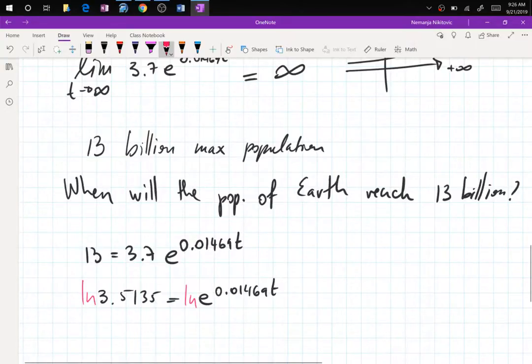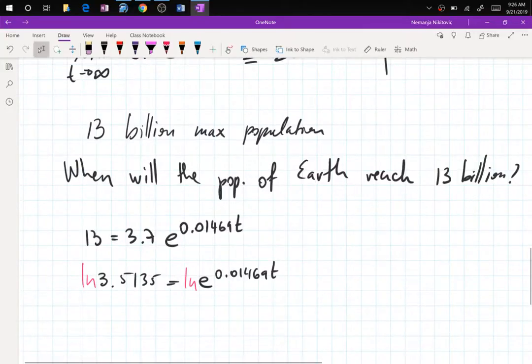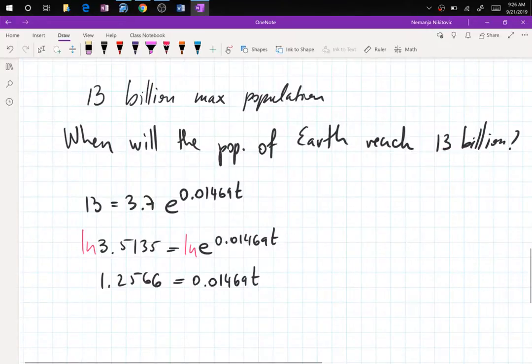Now we have ln of the answer, which is 1.2566, equals 0.01469 t, and now divide by 0.01469, and that is going to give me 85.54 years.